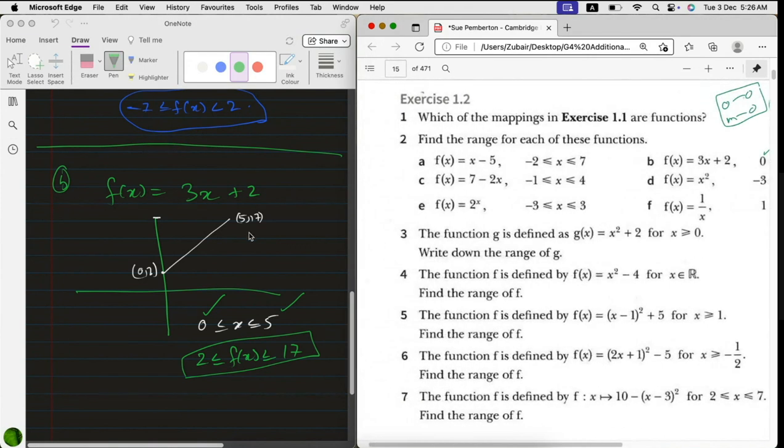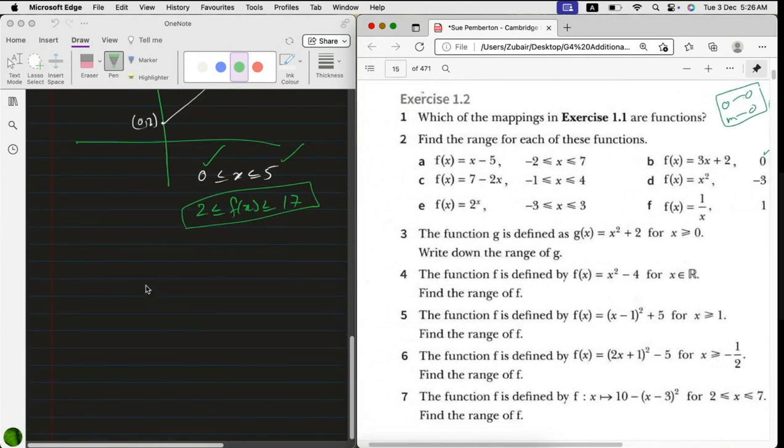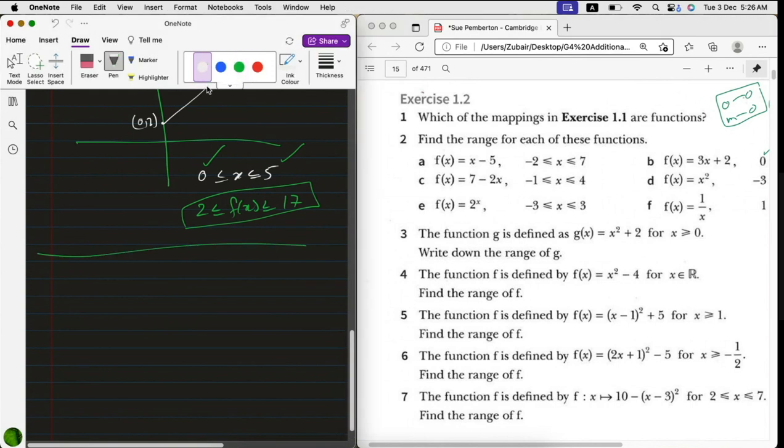One more linear, try this C part and find the range. Negative 1 less than or equal to x, less than or equal to 9.